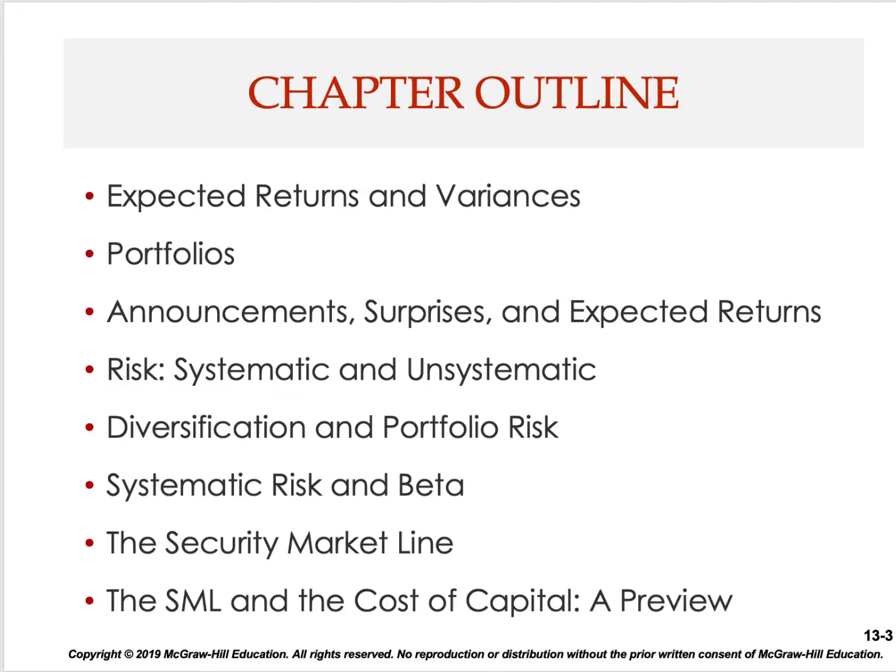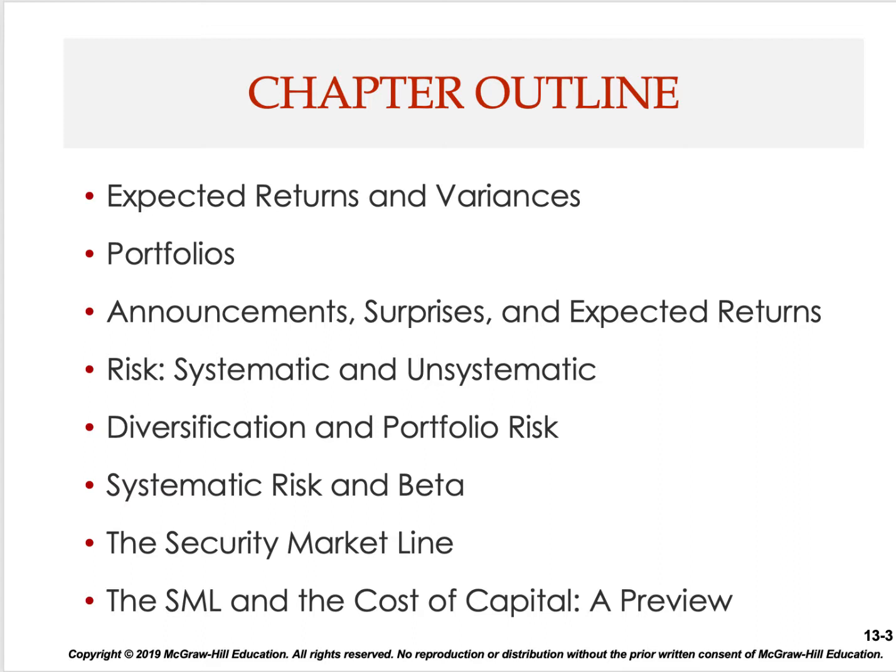All right, so first thing we're going to talk about is expected returns and variances. We'll get into portfolios. We'll talk about announcements, surprises, and expected returns, right? What happens when a company makes an announcement, like, we're going to lay off some people, or we're going to launch a brand new product?